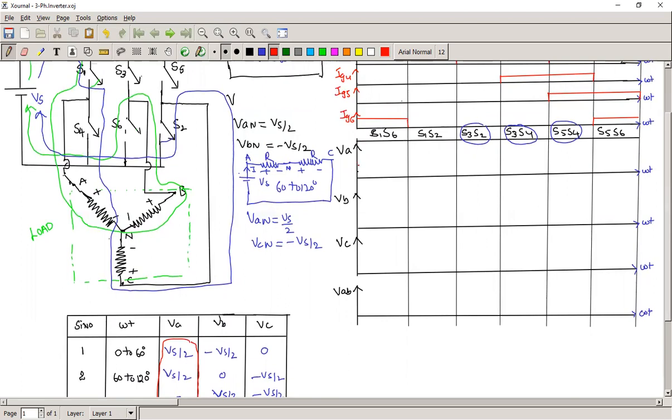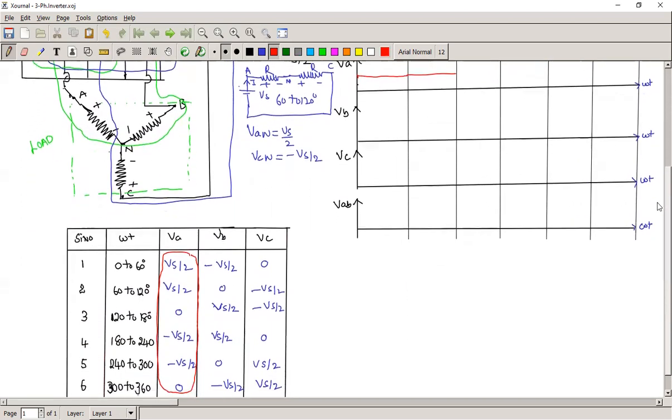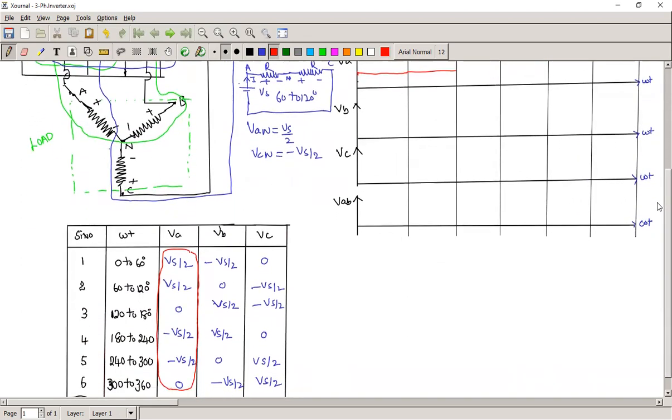If we take this as Vs by 2 magnitude, next, 60 to 120 degrees, again Vs by 2. Then 0, then minus Vs by 2. Next again minus Vs by 2, then 0, and plus Vs by 2.